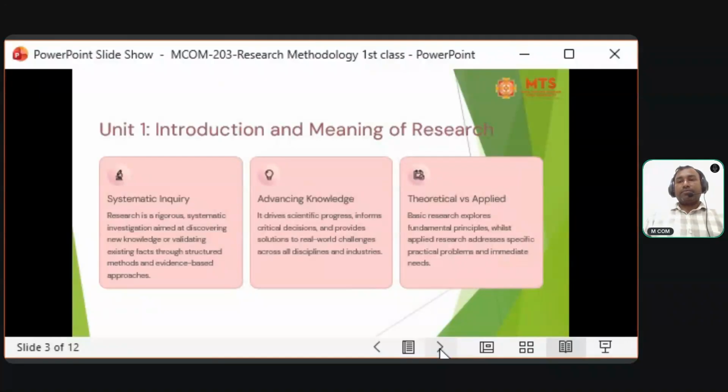Every subject is allocated for exam 70%, meaning 70 marks, and assignment will be 30 marks. So you should participate in exams and assignments.